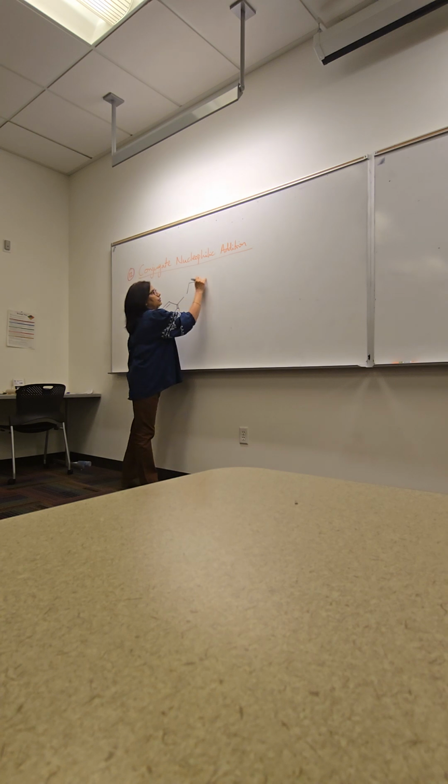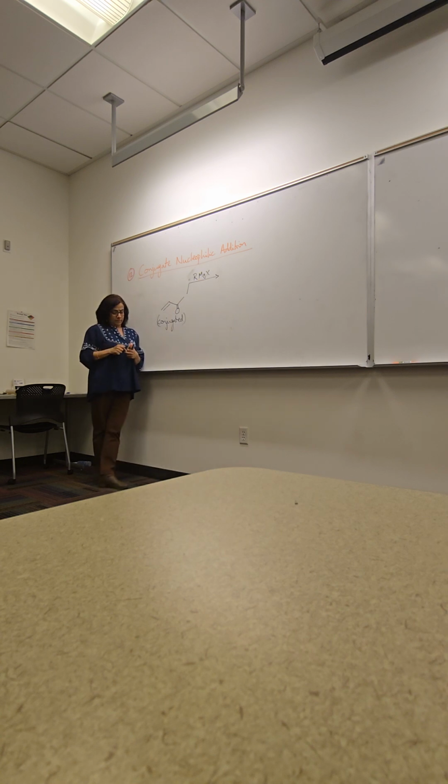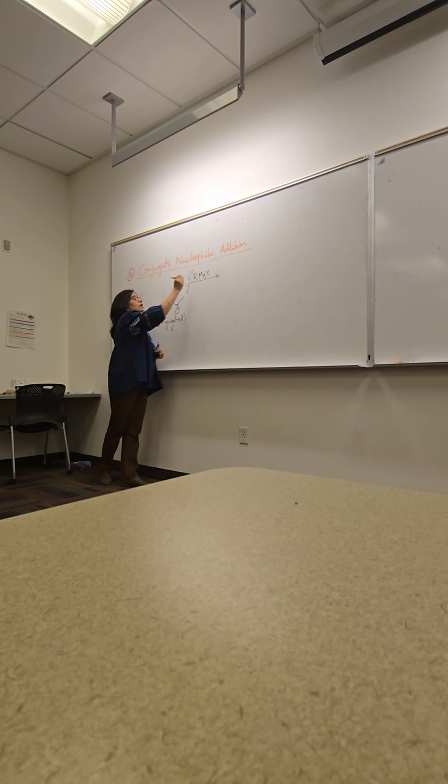If I were doing the following reaction, I'm going to do it step by step. So first I'm going to react it with, let's just say, R MgX. Where would R go? The C double bond O. Okay, R will go to the C, isn't that right?